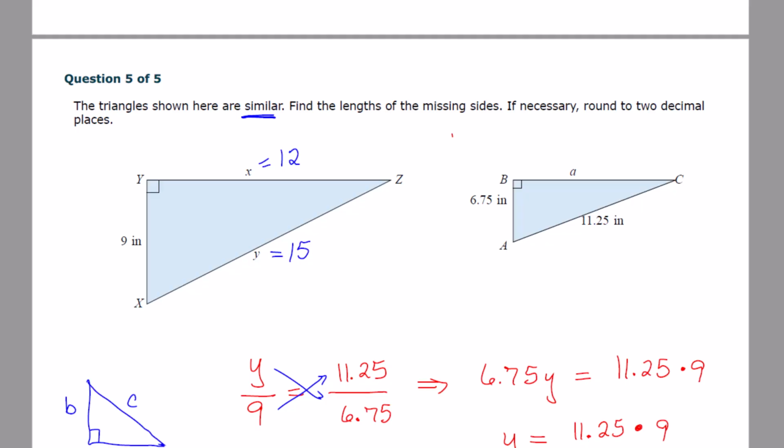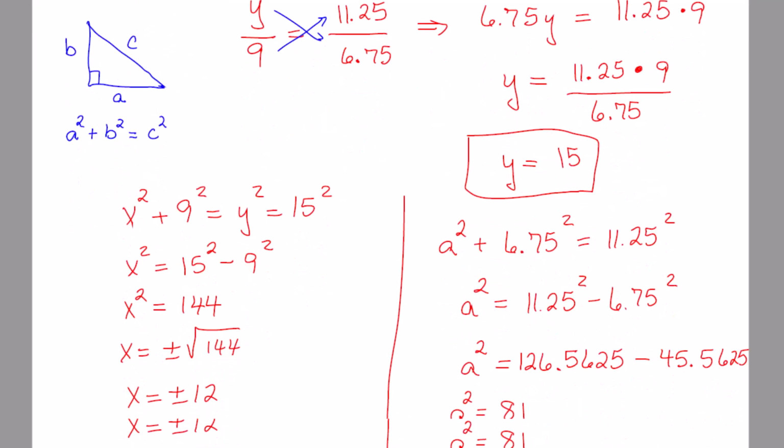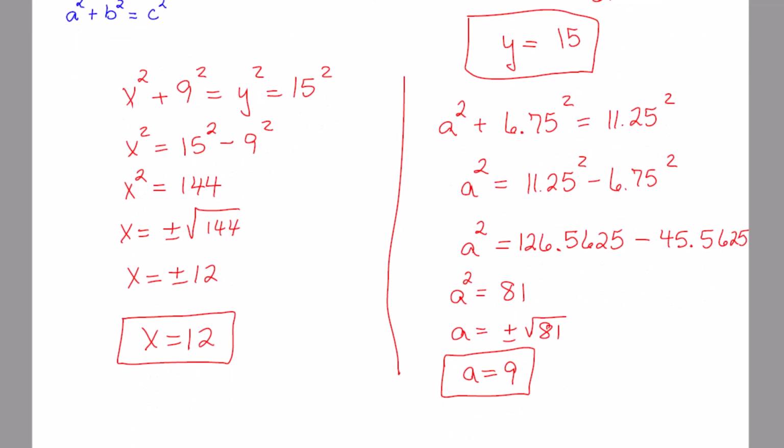Either way will work. Let's see, I think I used the Pythagorean theorem and found out that a was equal to 9. So whichever you find easier, using the Pythagorean theorem or set up a ratio. And that concludes section 4.4.